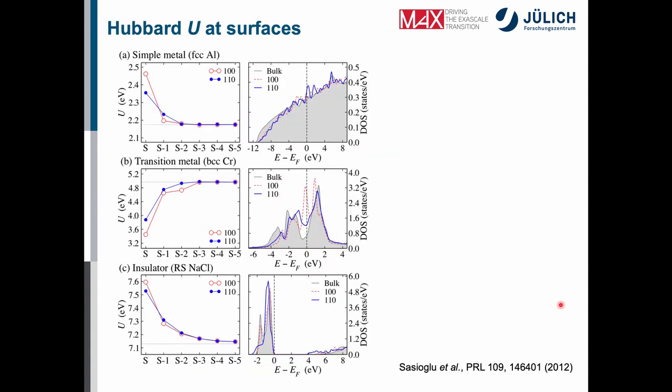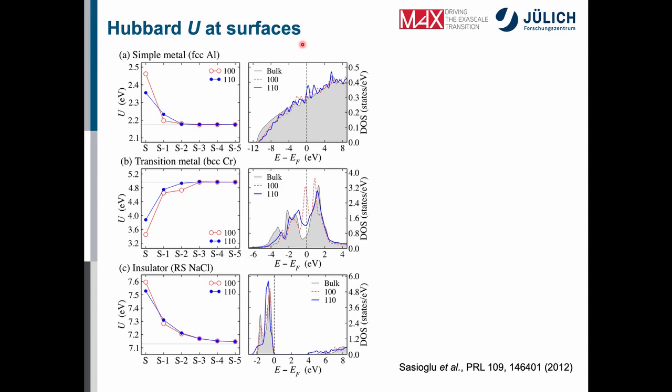As another example, we consider the Hubbard U parameter at surfaces. What would one expect? You would expect that the screening is smaller because you cut away half of the system, and hence you have less electrons in the surrounding that can screen the interaction.